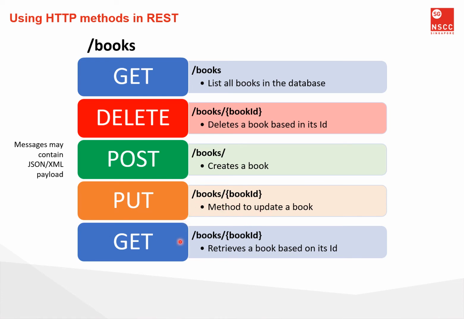And finally, as in the previous example, if I want to retrieve one particular book, I just use /books followed by the book ID. So the POST is normally associated with create, and the PUT is associated with updates.